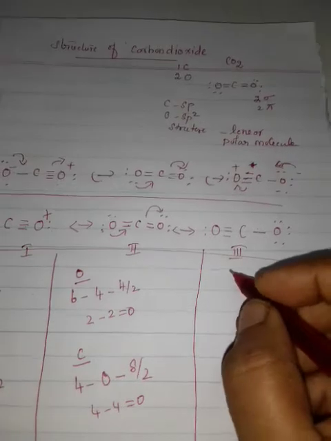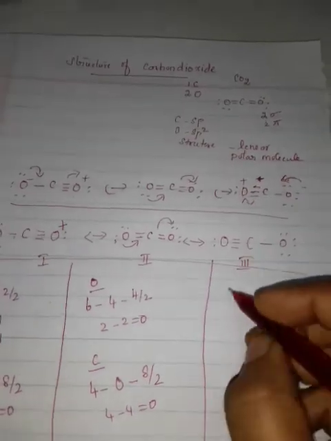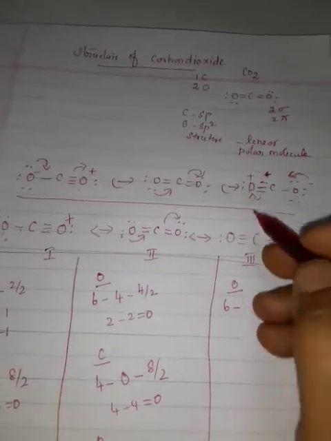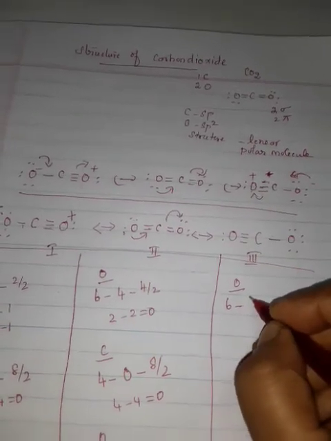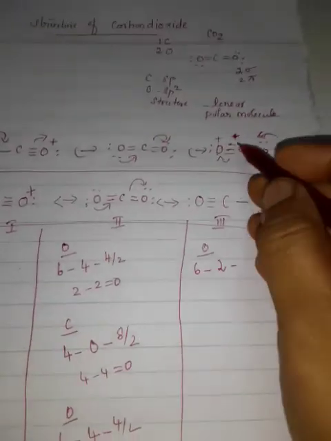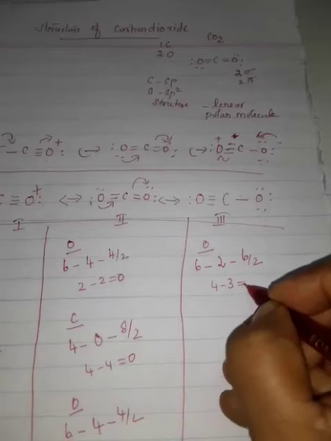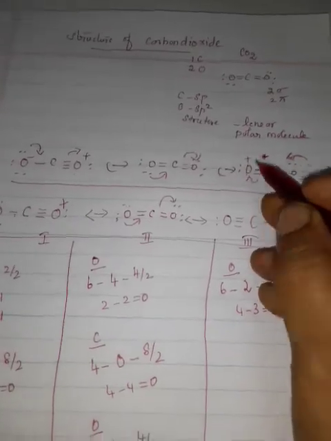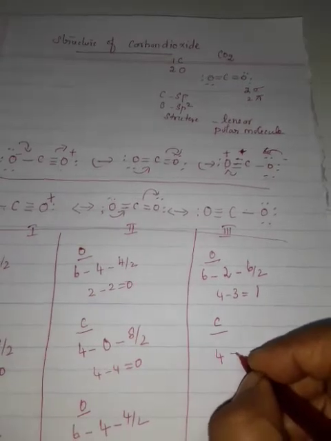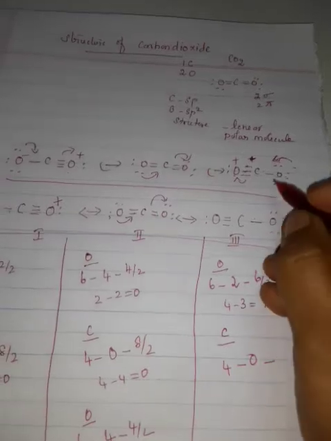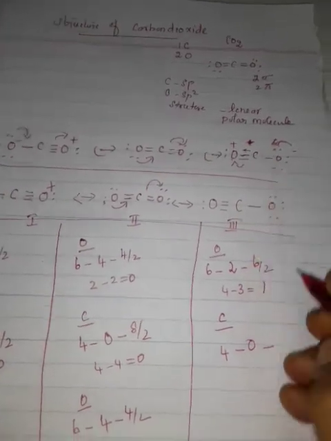Third structure. This oxygen: valence electrons 6, 1 lone pair, that is 2, 3 bonds, that is 6 by 2. So 6 minus 2, 4, minus 3 equal to 1. So only a plus charge. Taking carbon: 4 valence electrons minus 0, no lone pair, minus bonding pair, here 3 bonds, here 1 bond.